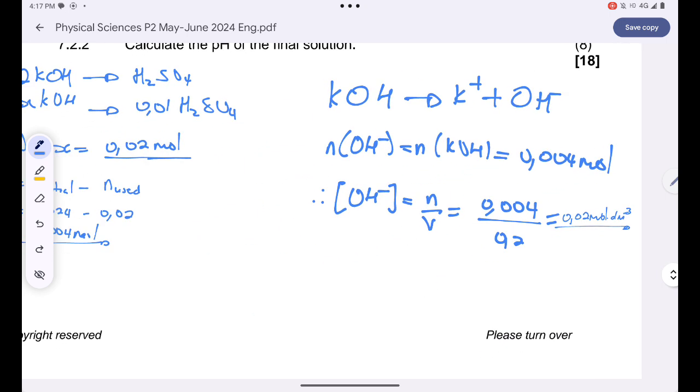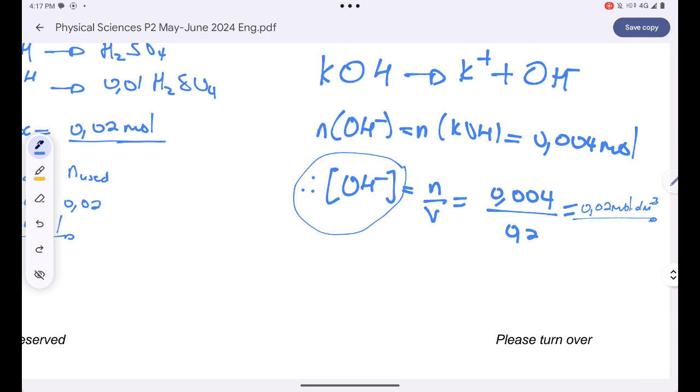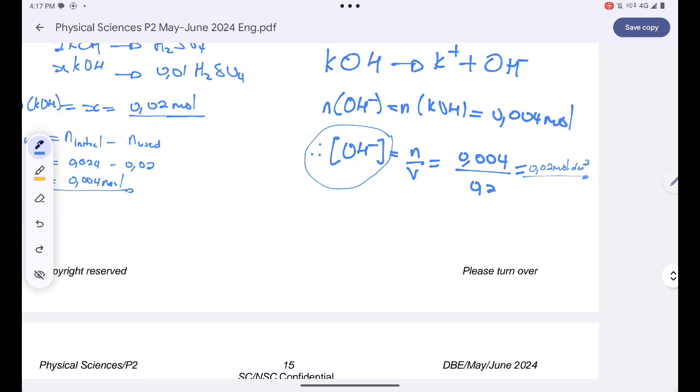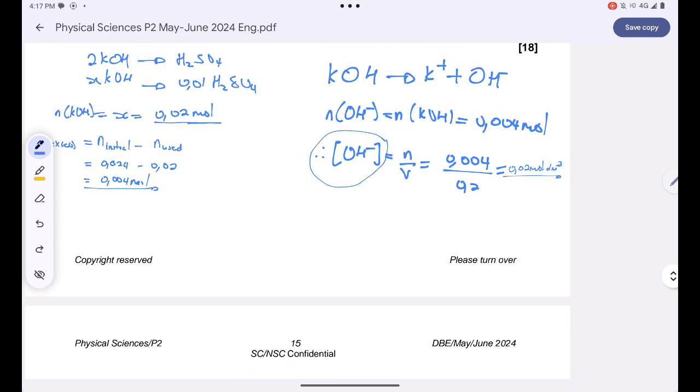Yes, guys, after finding the concentration of this, you can go and find the concentration of your hydronium ion by using the ionization constant of water. Are you together? But I prefer going the pOH route, because it's less mathematics. So pOH is equal to negative log of the concentration of the hydroxide ions.